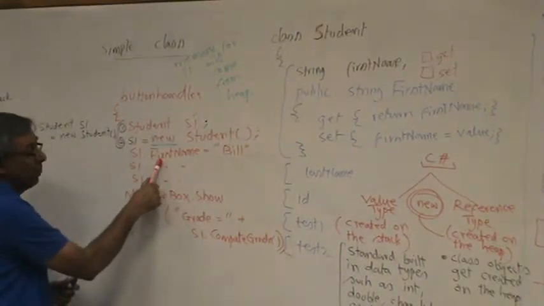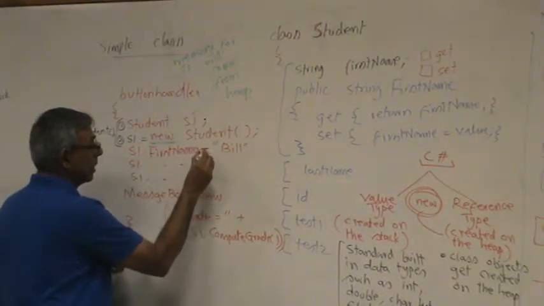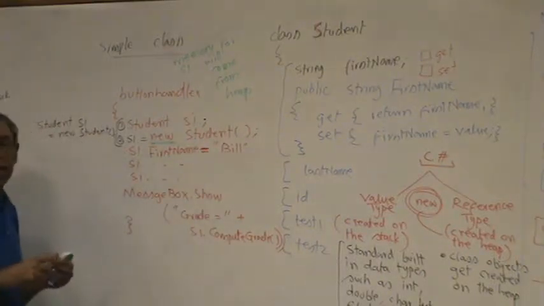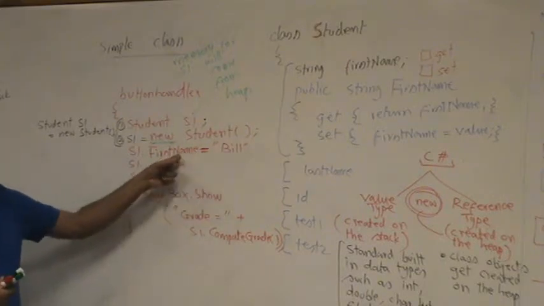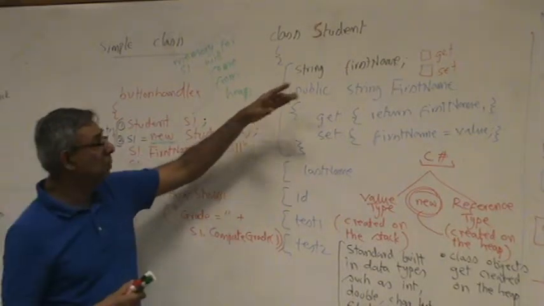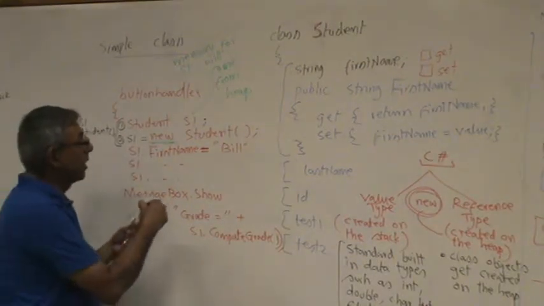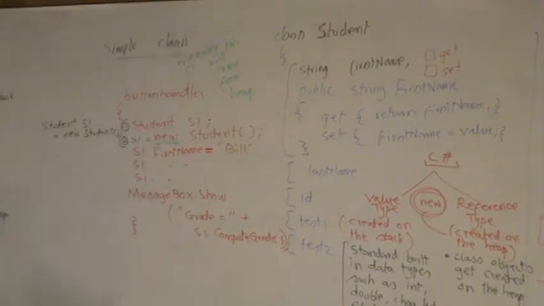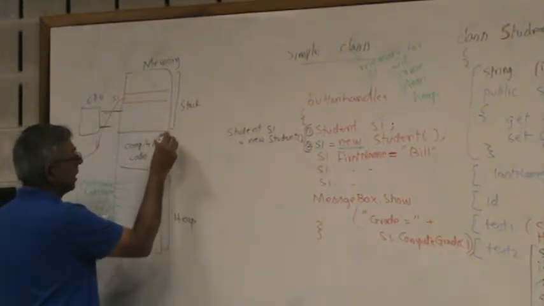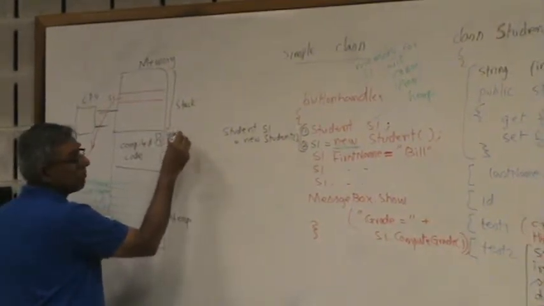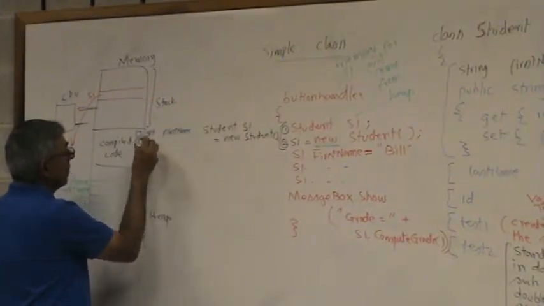If FirstName appears on the left-hand side of the equal sign, then the computer knows somebody is trying to modify. Which function modifies? Set. Now remember, all these gets and sets are tiny functions over here. For example, there's a get for FirstName, and there's a set for FirstName.